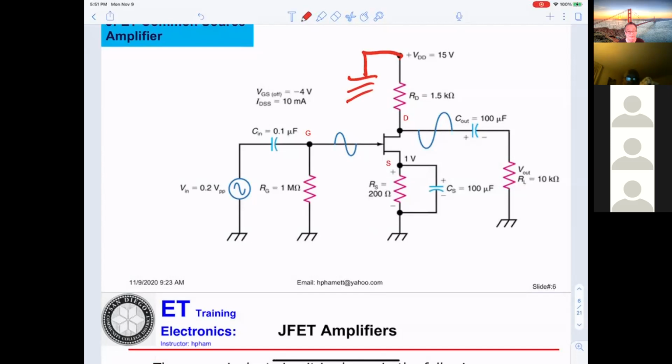Yes, that's right, ground. Then also the drain right here, you get this one also connected to ground. So this one and this one are in parallel. The capacitor gets shorted out. Right, no capacitor in the AC. That's what we were talking about at the beginning. Got it. Okay, thank you. You're welcome.